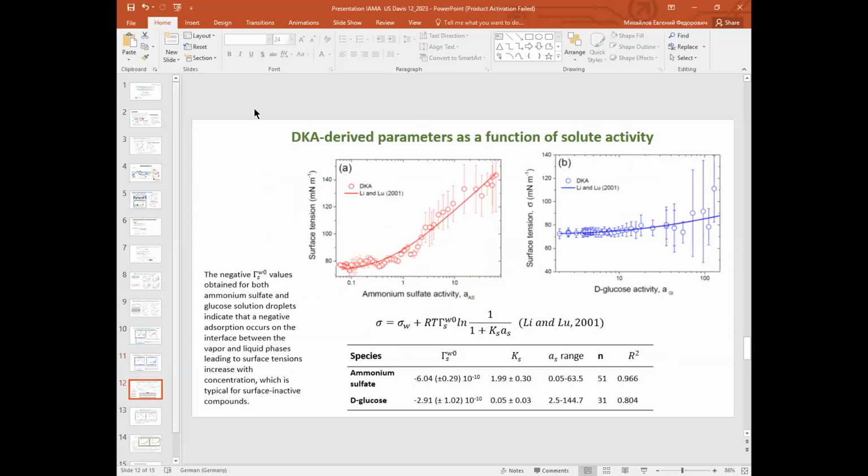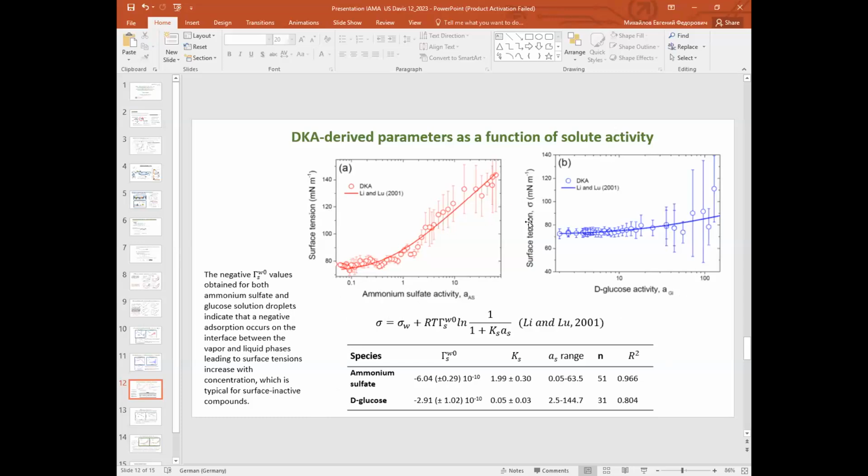So another point, this is the Li and Lu model. It's a little bit difficult because it's a function of solute activity. We need first to transform water activity to surface activity. We did it, and after that we can plot the surface tension as a function of surface ammonium sulfate activity and as a function of glucose activity.